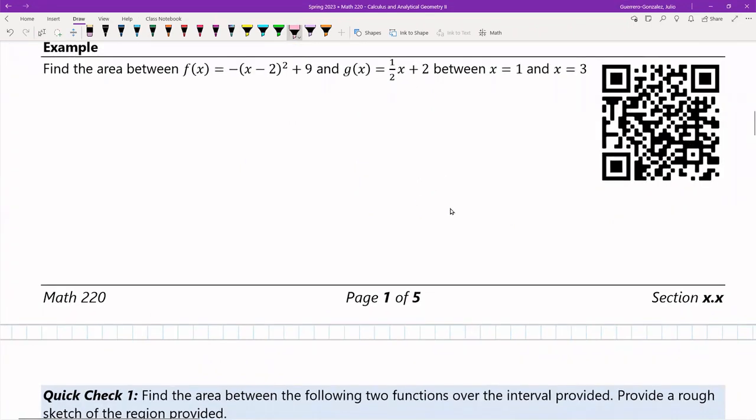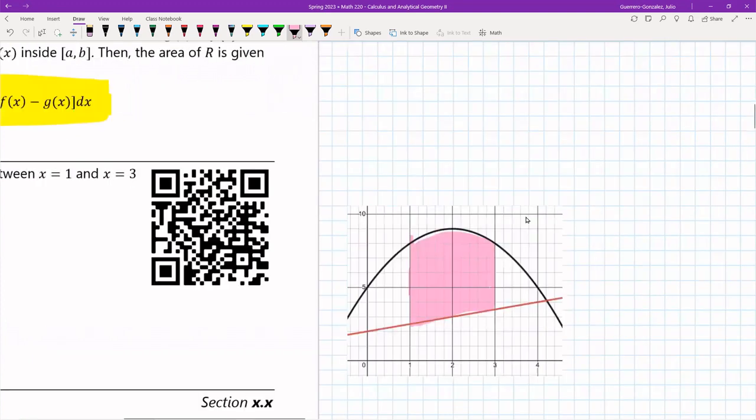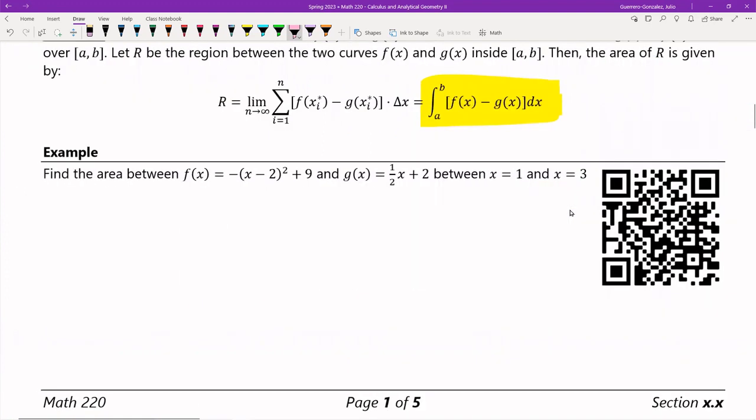Okay, so how do we find that area? Looking at our picture from over here, we see that the parabolic function, right? That's the top function. And then our line is the bottom function, right? So we have everything sort of sorted out already. So in order to find this, it's going to be the integral, right? We have our limits from 1 to 3 of the top function.